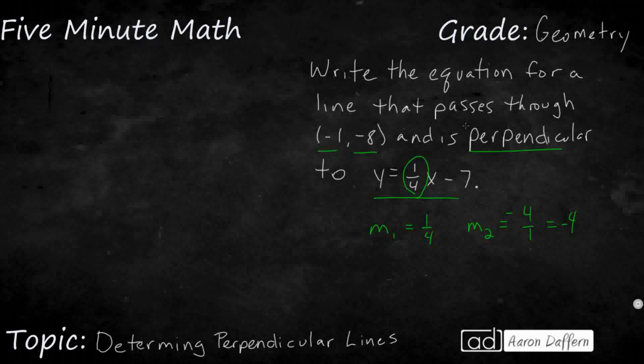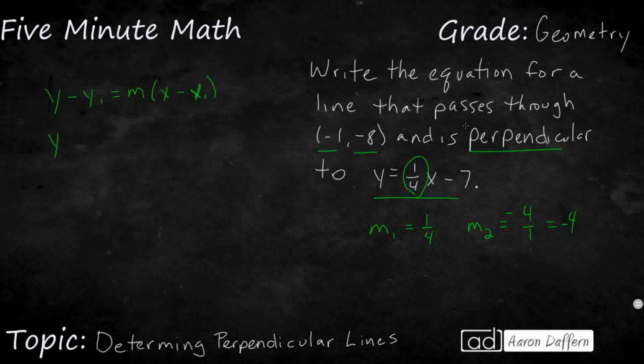So it needs to have a negative 4 as a slope, and that would give me a perpendicular line. I'm not super interested in the negative 7 as the y-intercept, because I'm going to use point slope form. So y minus y1 equals m times x minus x1. What I needed from that original line was the slope, so I can grab it and flip it and make it negative to get the new slope.